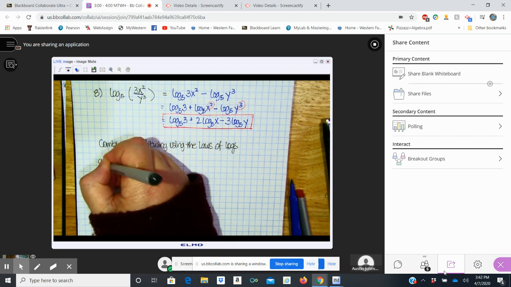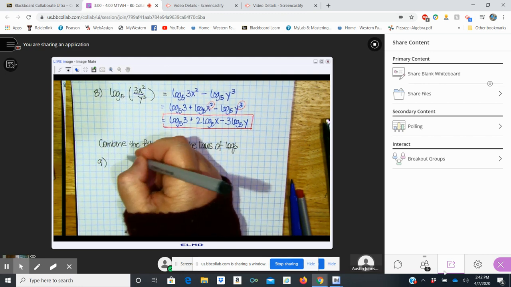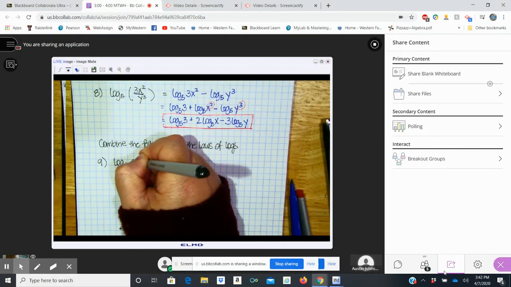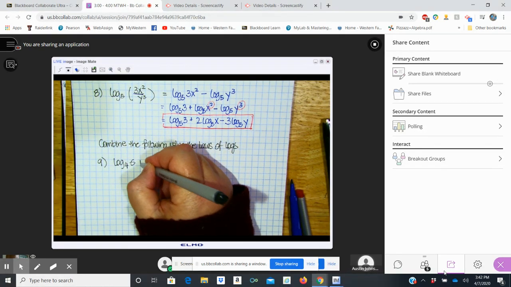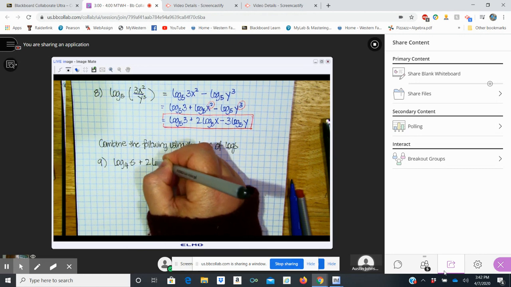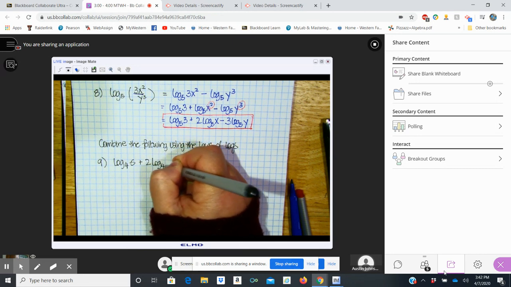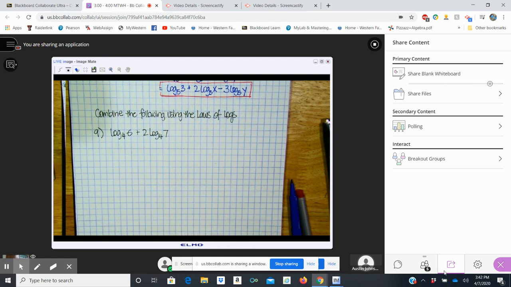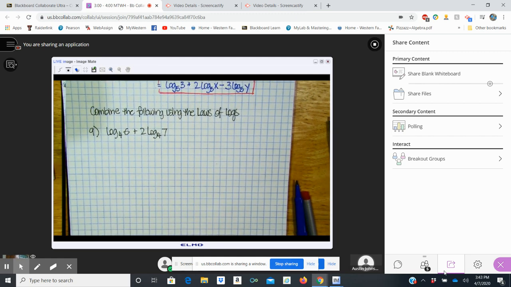All right, let's try a couple of these guys. So we can do it with just numbers. The first example here is one that is only using the numbers. We have a log base 4 of 6 added to 2 times log base 4 of 7.